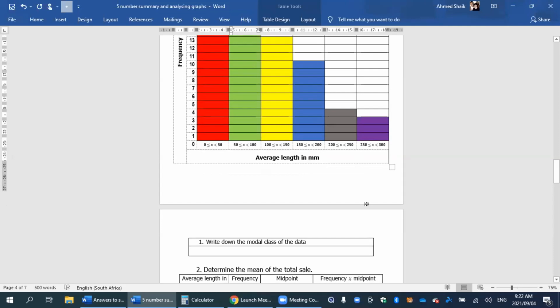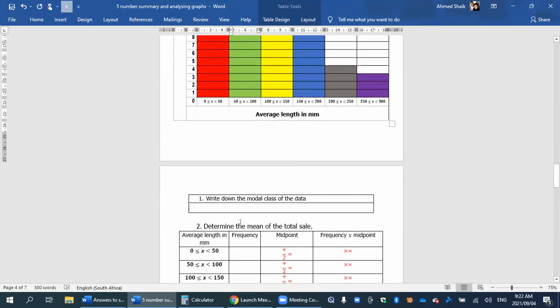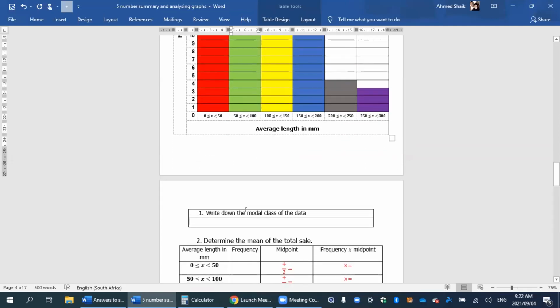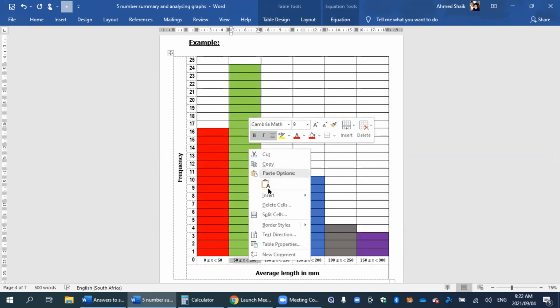Okay, so let's look at the questions asked based on this histogram. Number 1 says to write down the modal class of the data. In order for us to determine the modal class, it is simply the bar with the highest frequency. And we can see that that interval has the highest frequency.